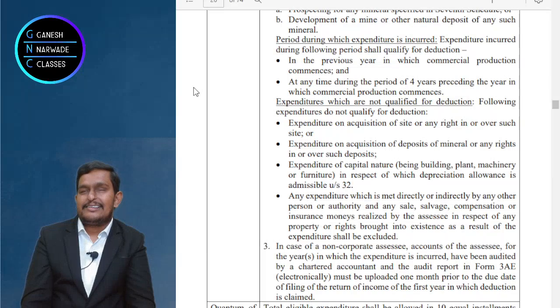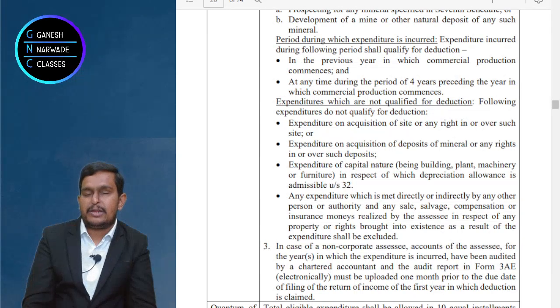But sir, can we get the deduction for the purchase of that site? Sorry boss, for purchase of site you are not going to get deduction. You should remember this: for purchase of site, no deduction. For purchasing deposits also, no deduction. Suppose expenditure is paid by some other person.